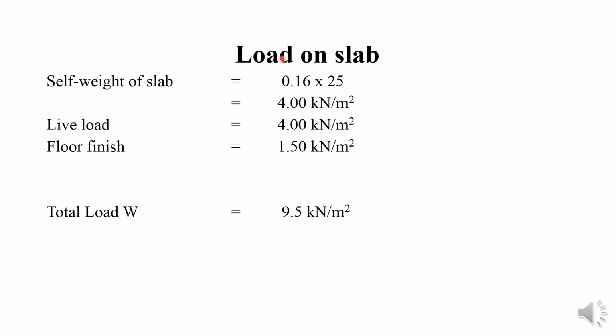So add all the load, self weight 4, live load 4 plus floor finish, that will give 9.5 kN per meter square. So ultimate load we have to determine by 9.5 into 1.5. So that will be equal to 14.25 kN per meter square.